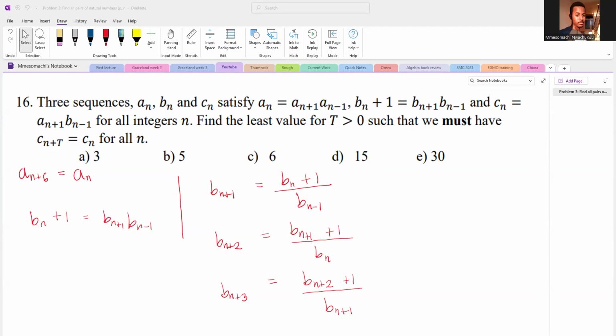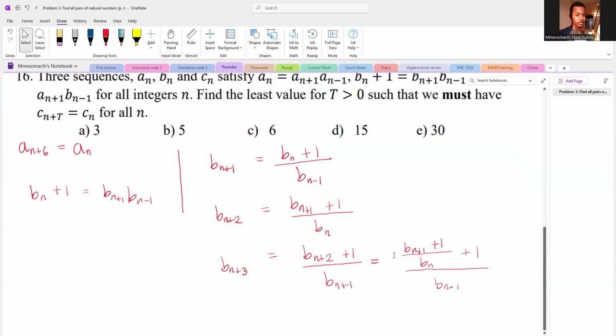Let's try and see if we can find some sort of bridge. Let's replace b(n+2) here. So this is going to be (b(n+1) plus 1 divided by b(n)), then plus 1, divided by b(n+1).